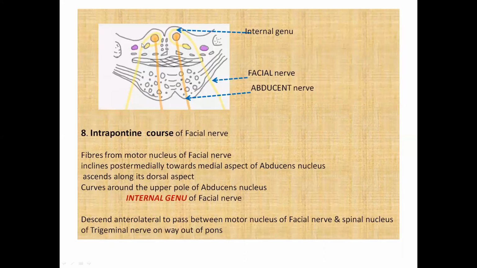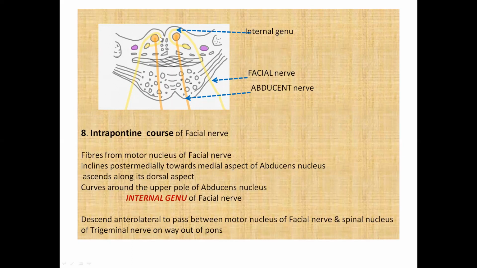The intrapontine course of facial nerve is equally interesting and it is related to neurobiotaxis. We can see that the fibers from the abducent nerve nucleus pass straight out of the pons, whereas the fibers emerging from the motor nucleus of the facial nerve go posteromedially.